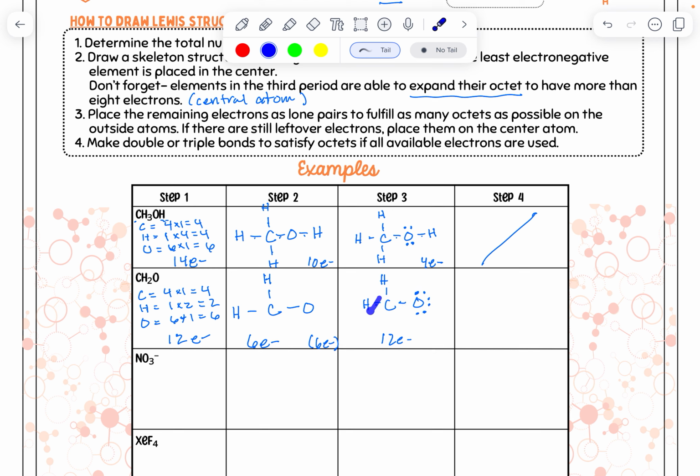But carbon has 2, 4, 6. So carbon does not satisfy the octet rule. So what I'm going to do is, it says make double or triple bonds to satisfy octets if available electrons are already used. So they've all been used. So what you do is you transfer a set of these electrons.